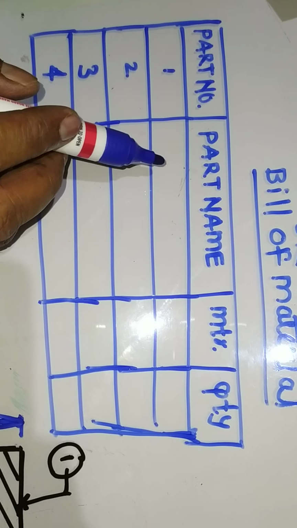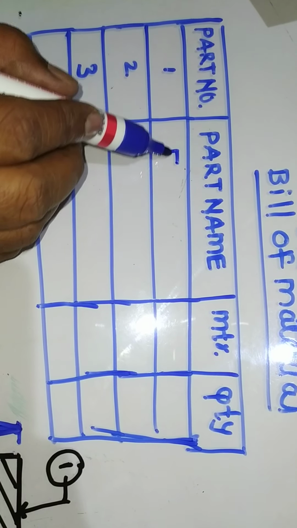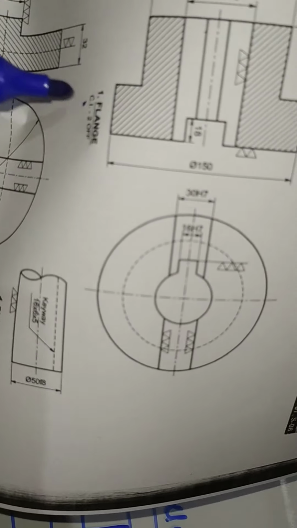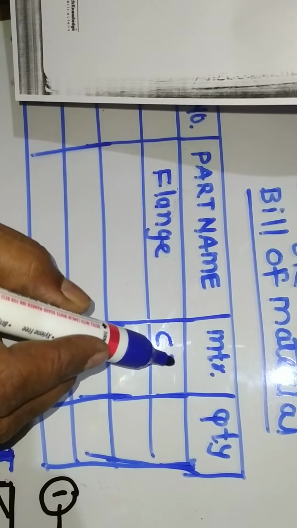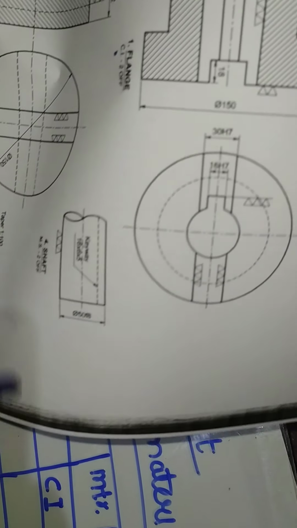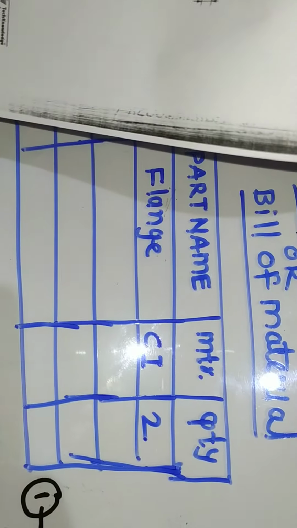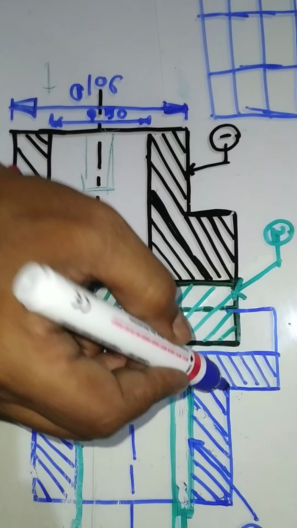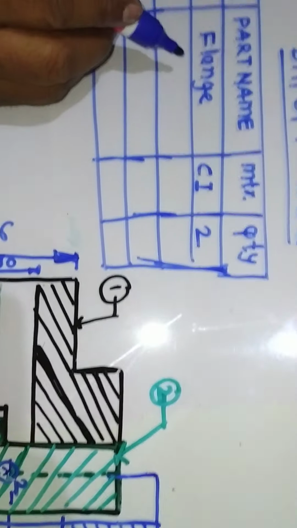The first part name is flange. What is the material? They have given the material, CI, cast iron. How many quantities? There are 2 quantities. First and third, there are 2 quantities. We are not given the number because there are 2 first only.